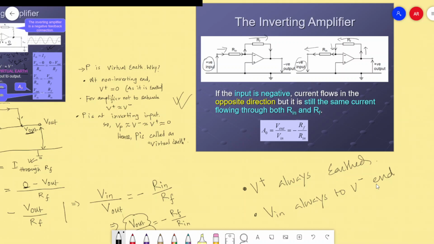The non-inverting end should always be earthed and the input voltage should always be fed to the inverting terminal. This is the inverting amplifier. Feedback is always at the inverting end.